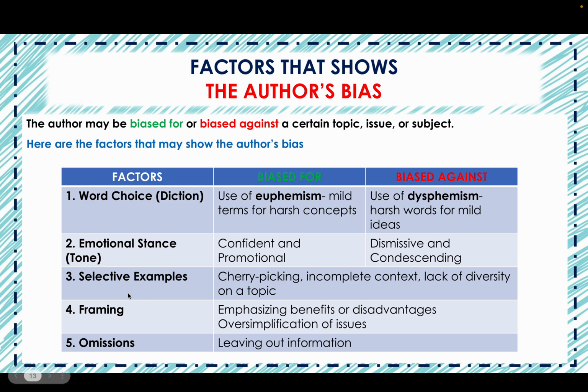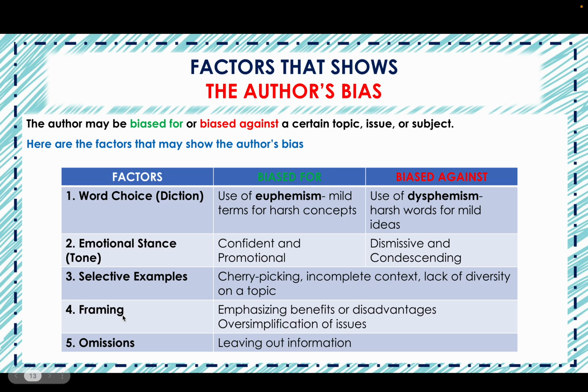If the author is selecting information, cherry picking, or the context is not complete and there is lack of diversity on a topic, say for example that illustration a while ago about the sodas, it's just Pepsi and Coke. There are no other sodas. That's also a hint that the author is being biased.